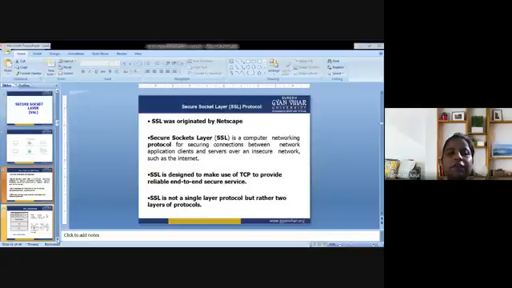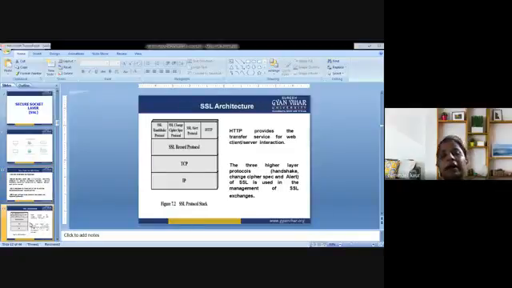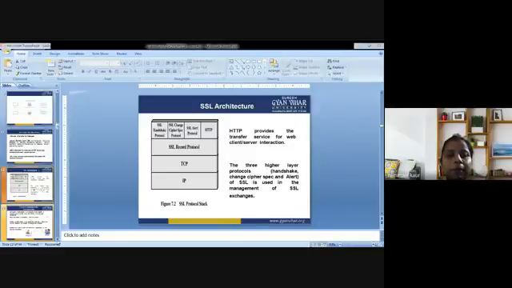These are the ifs and buts of SSL that we have discussed. This is the architecture, in which we have discussed the SSL record protocol in detail, the handshake protocol, change cipher spec protocol, alert protocol, and HTTP. Let's have a look at each of them one by one.